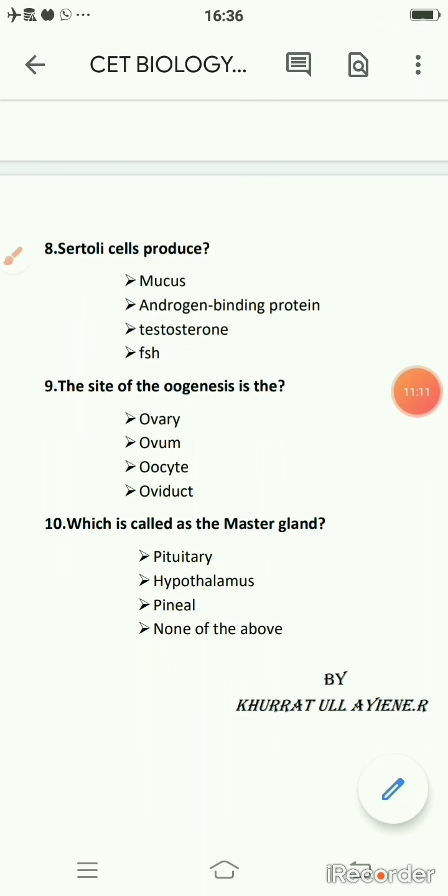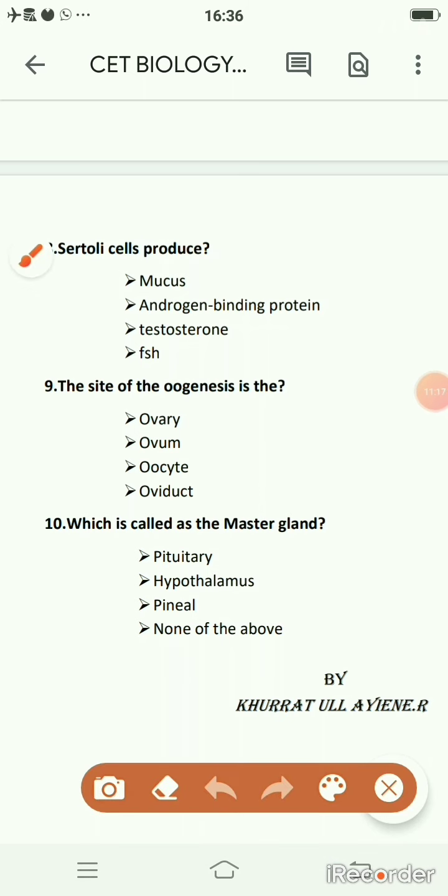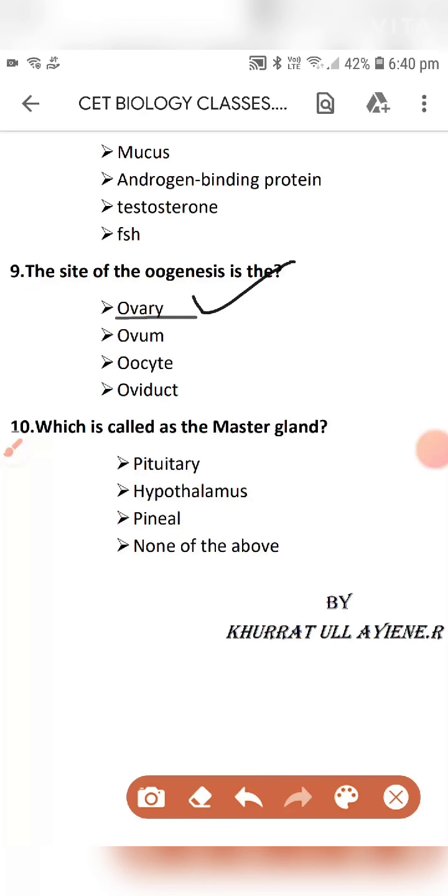Okay, the site of oogenesis is the, first option is the ovary. Ovary is an organ found in the female reproductive system. This is the right answer. Next, move on to the ovum. Ovum is an egg cell, and it is the female reproductive cell.